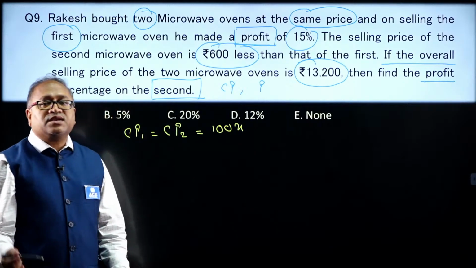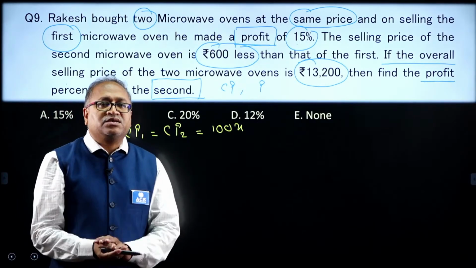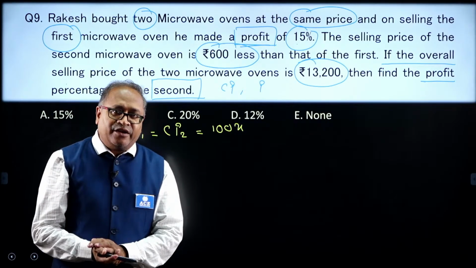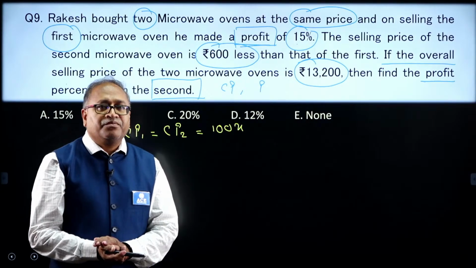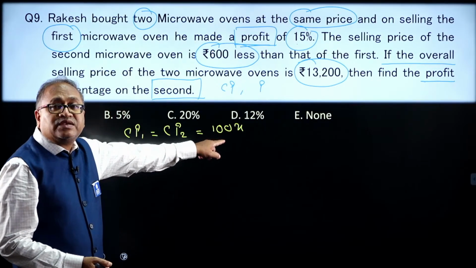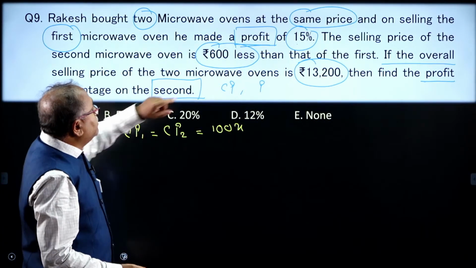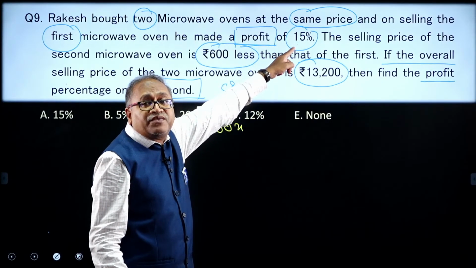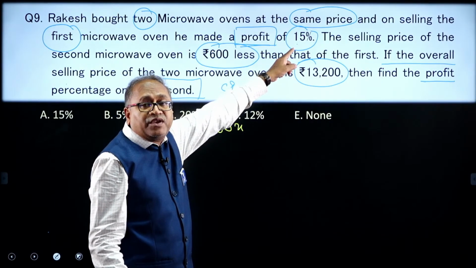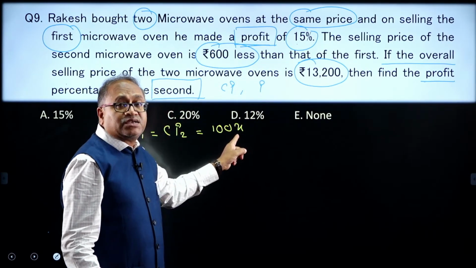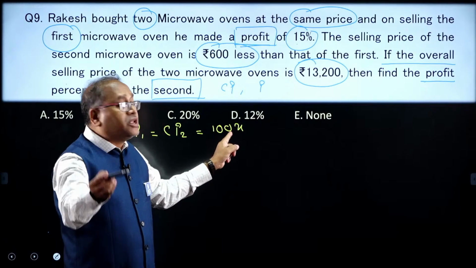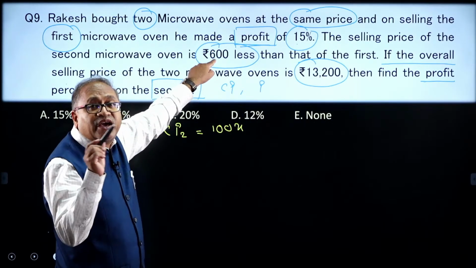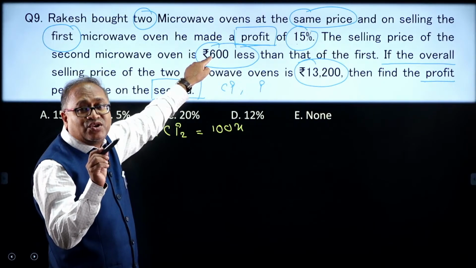You may ask, Narendra, why are you writing 100x? You can write down this as 100 as usually we do it. Now, why I wrote this 100x? Here what will be the selling price of the first one? 15% profit, that means 115x. And what will be the selling price of the second one? This is the value. Here the percentage is not there.